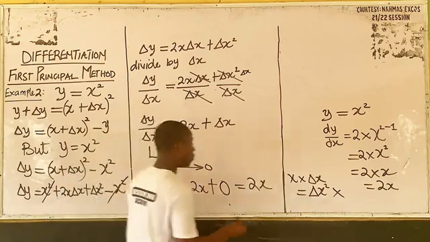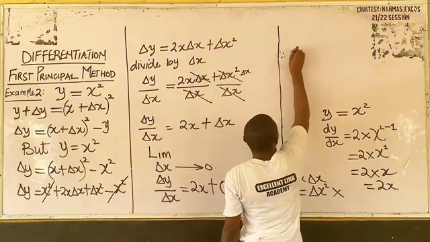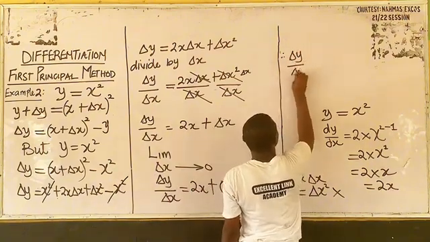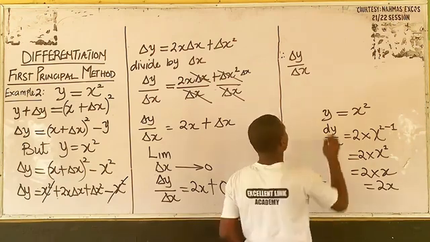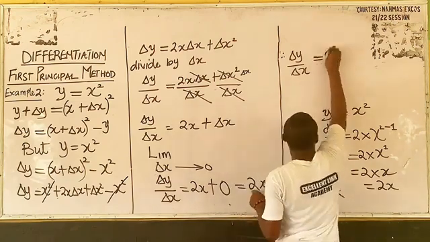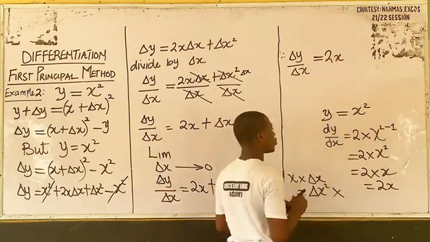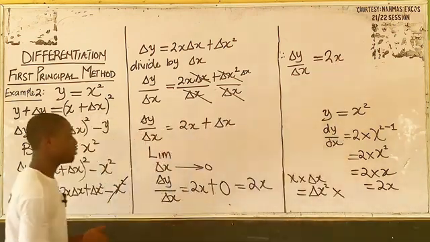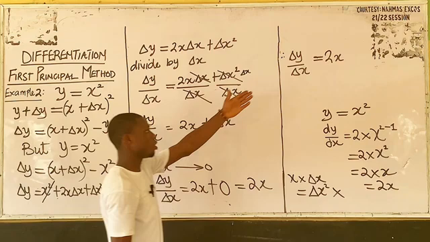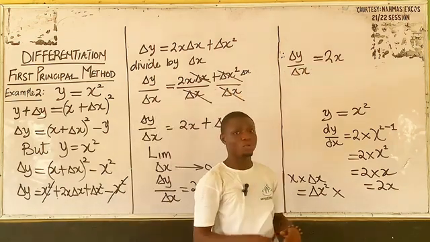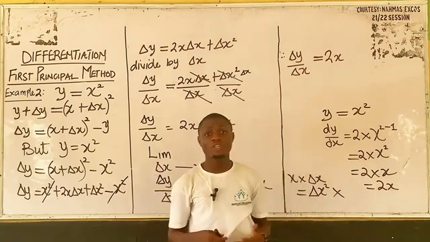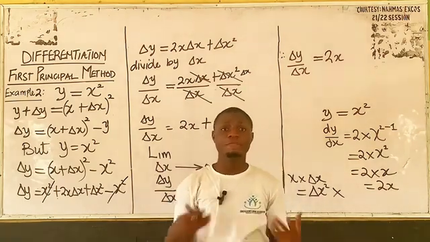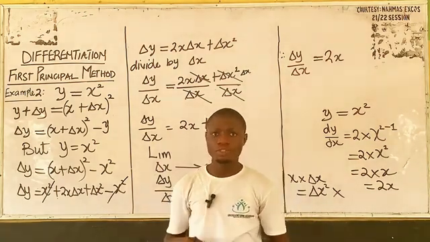So therefore the change in y over change in x, which is similar to dy over dx, will be equal to 2x. Of course, observe when I used first principle, I had 2x. Similarly, when I used the other method, I still have 2x. This is how you evaluate a problem using the first principle method.